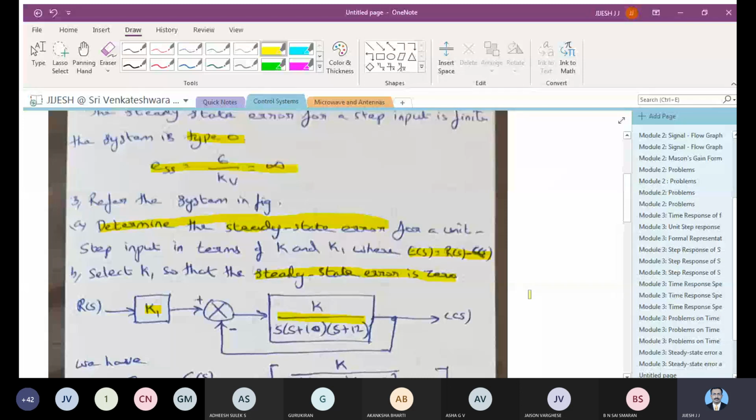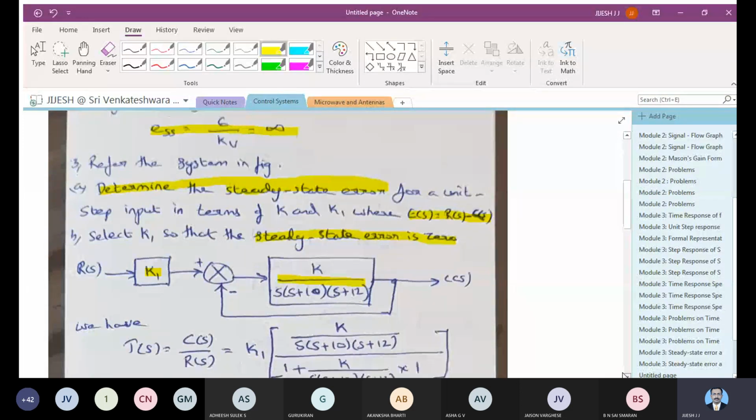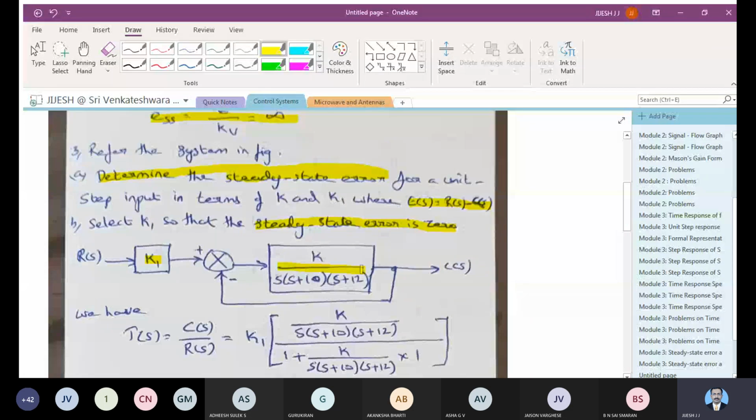So R of S is there, G of S is given for you, C of S is there here. It's a negative feedback system. So we will try to find out the steady state error. As I have told you, you have to take the negative feedback system, which is G of S divided by 1 plus G of S H of S. H of S is 1, and G of S is this term.